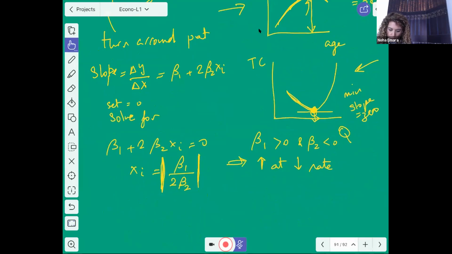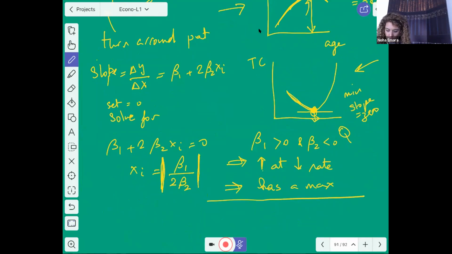Of course I can flip everything and say the opposite. So this means the relationship has a maximum. It increases at a decreasing rate, then reaches a certain maximum.